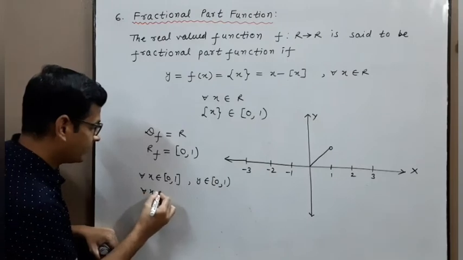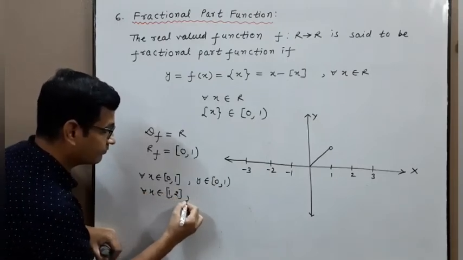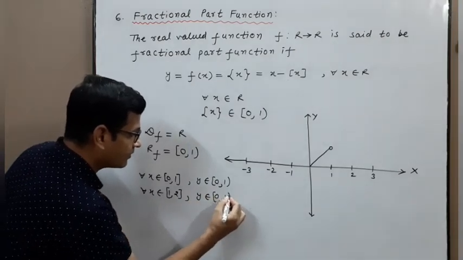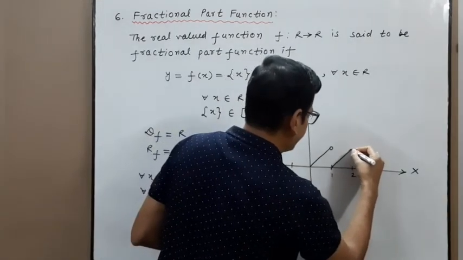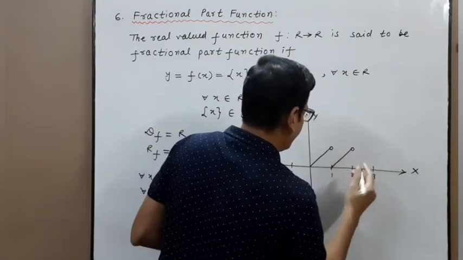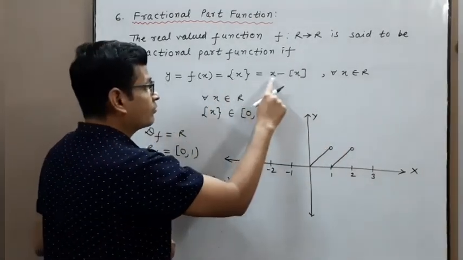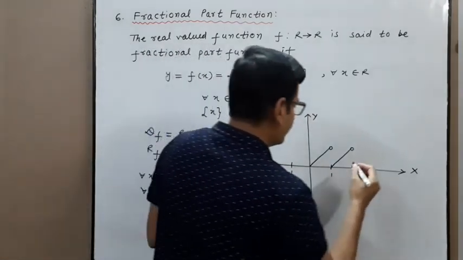For every x belonging to 1 to 2, y belongs to 0 to 1, including 0 and excluding 1. So again the graph is in this way. At x equal to 2, y is not equal to 1. When we put x equal to 2, 2 minus 2 we get 0, not 1. So in this way we draw the graph.